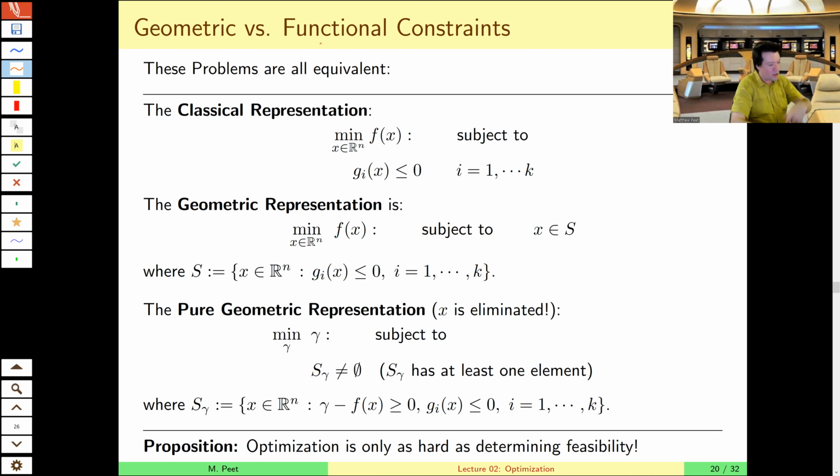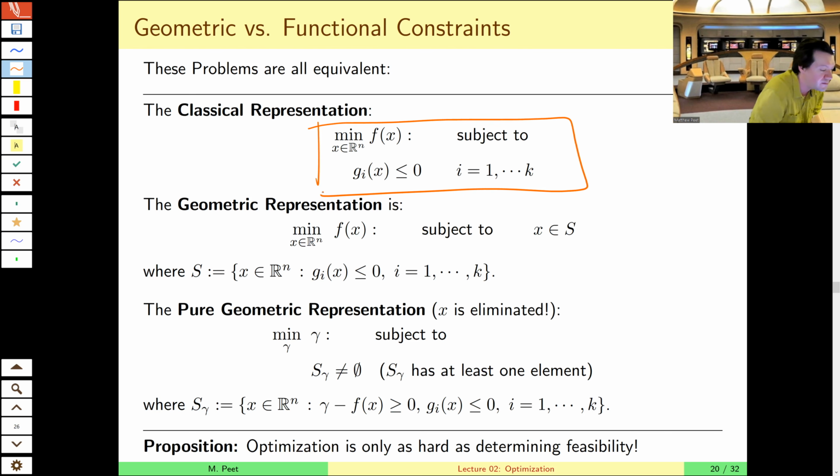We introduced the optimization problem as having this form, where you're minimizing or maximizing a function of a variable x subject to a constraint parameterized by the functions g on the variable x. Also, you had the h_i of x equals 0, but we're ignoring that for now.